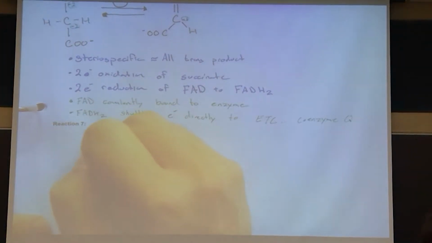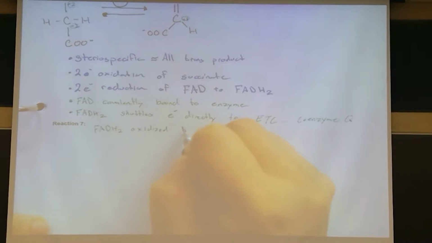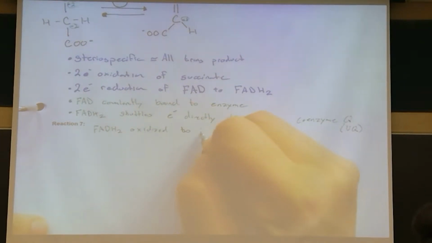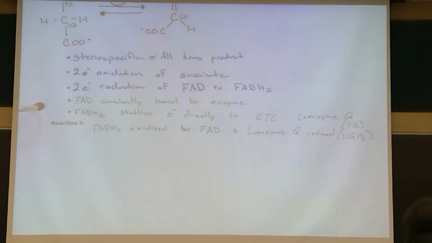This oxidizes FADH2 back to FAD. Coenzyme Q is reduced to UQH2. This is how FADH2 is introduced into the electron transport chain.